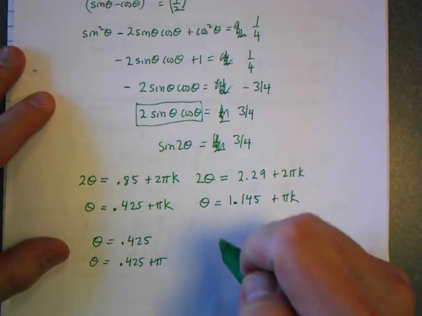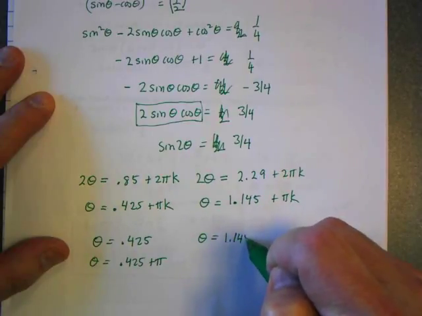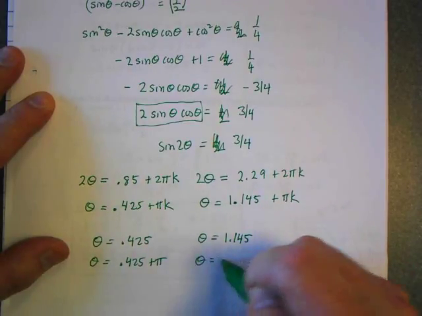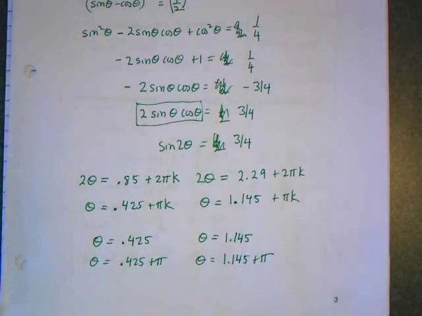Over here, theta is 1.145, and then theta is 1.145 plus pi. Last thing I need to do on this problem is I need to check. How come I didn't check on any of the other problems? But I'm telling you, you better check on this one.